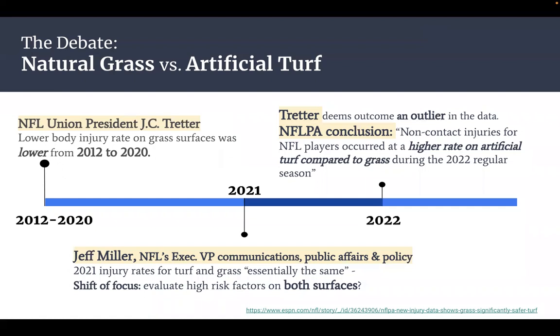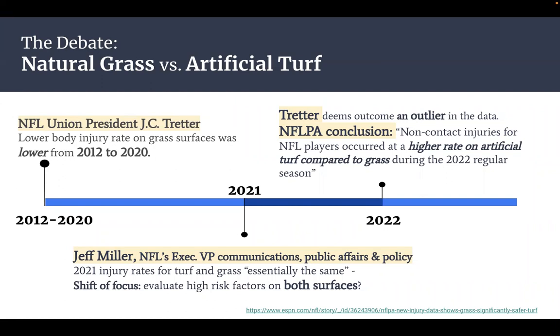Then in 2021, Jeff Miller, the NFL's Executive Vice President of Communications, Public Affairs, and Policy, issued a response to this. He believed that 2021 injury rates for turf and grass were essentially the same this year. Because of this, he agreed that the lower extremity injury rates between natural grass and synthetic surfaces over the past few years basically had decreased to a point where they were non-existent.